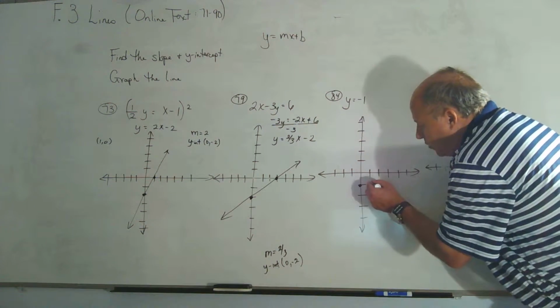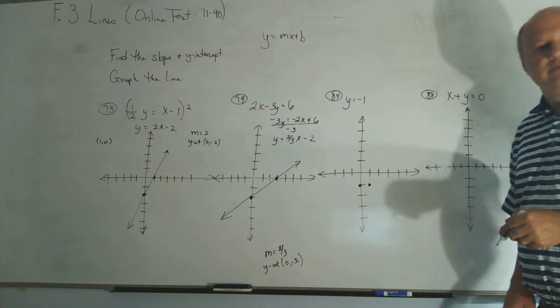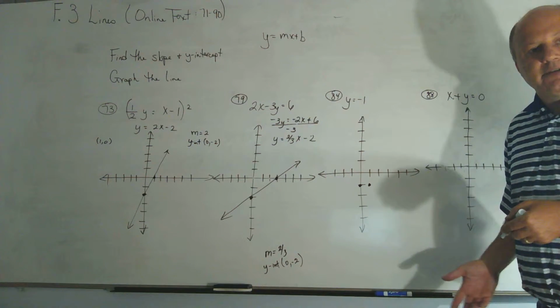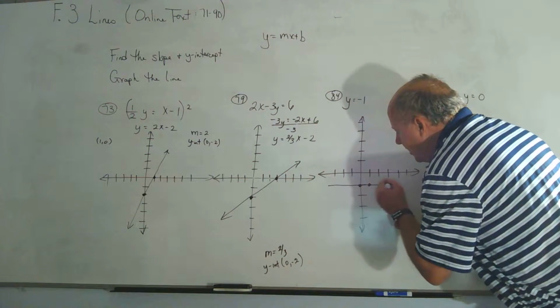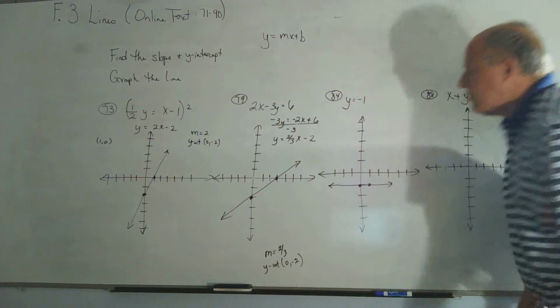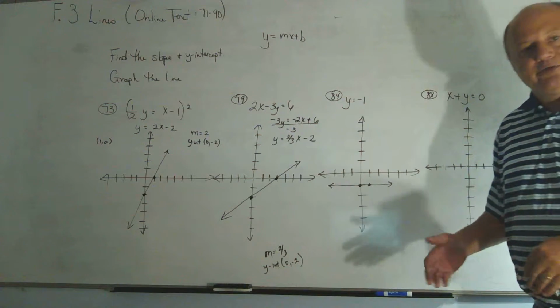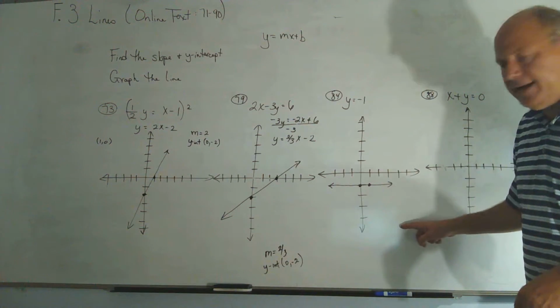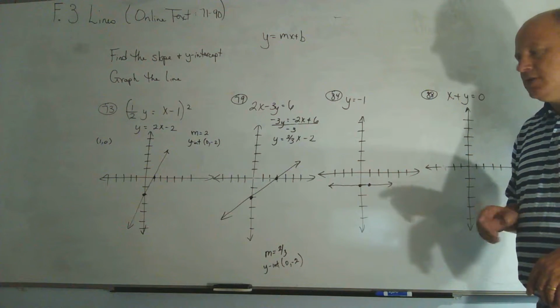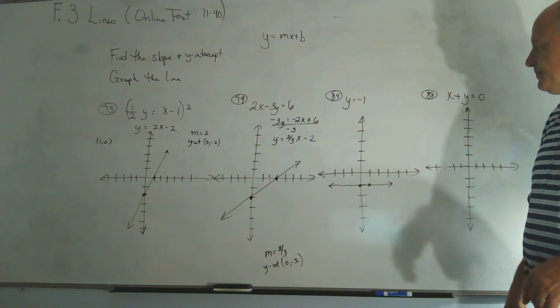This point has a y coordinate of negative 1. Oh, you got your 2 points. So it only takes 2 points to make a line. So all the points on a horizontal line have a y coordinate of negative 1. So if you had x equals 4, then all the points on a vertical line have x coordinates that are 4. This one's y equals negative 1.